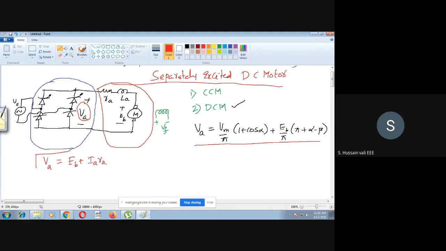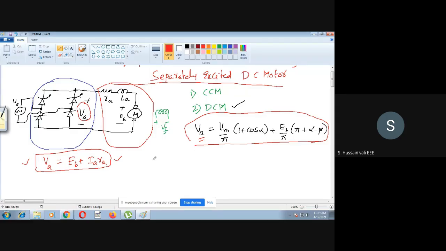This expression we got from the motor concepts, whereas the other expression we got from the semiconductor concept. So both are the same. Why? Because this is the output of the semiconductor, whereas this is the input to the motor. The output of the semiconductor is nothing but the input of the motor.